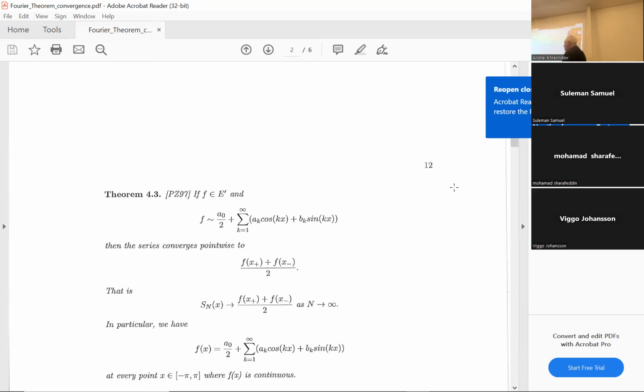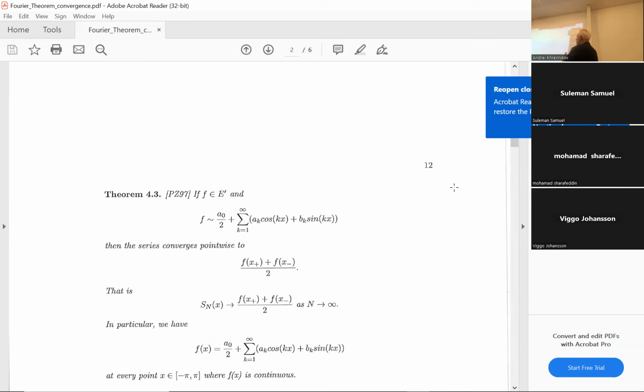For a continuous differentiable function, we are always sure that the Fourier series converges to this function. For example, if I take the function exponent x, does the Fourier series converge to it? Yes, the function is continuous and differentiable.